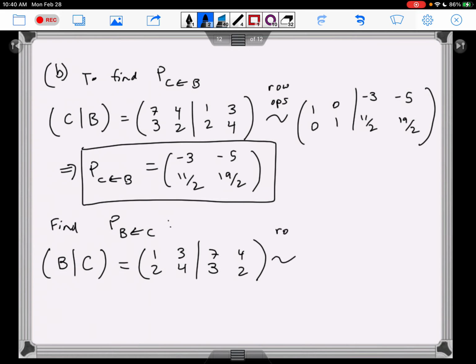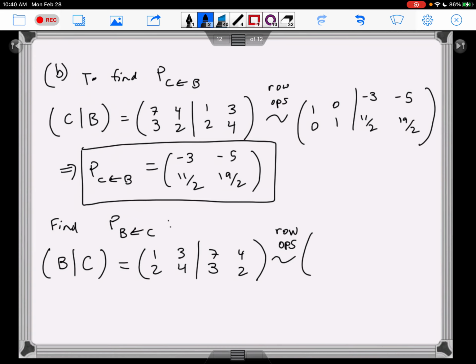So if we do our row operations yet again, I'm not putting them here just to save time, but I do recommend you work the details out. Certainly, you have to if you're doing a problem like this on an exam or something like that. You have to show your steps.